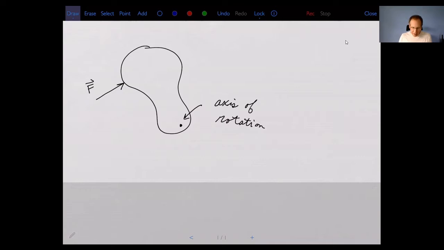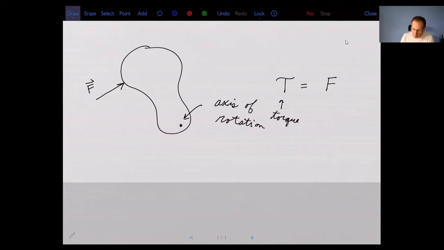Now, it turns out if you want to calculate the torque, which again is a quantity that represents the ability of that force to cause a rotation, then it depends on several things. Usually we denote torque, by the way, by the Greek letter tau. So this is torque here. It depends on the magnitude of the force, so however many newtons that force is.